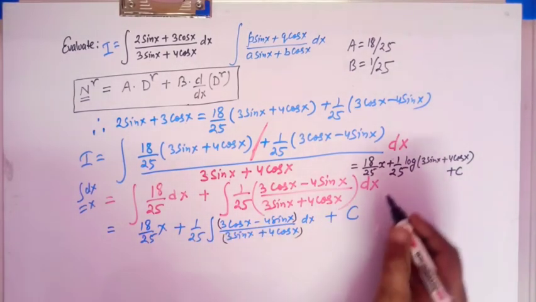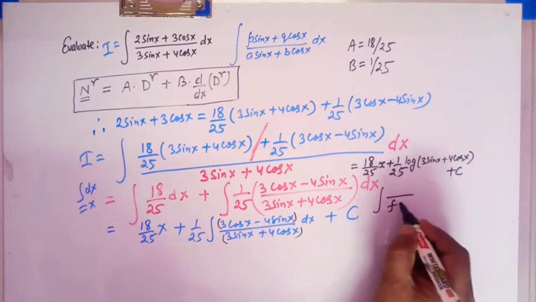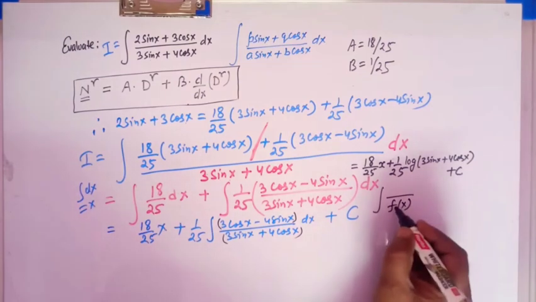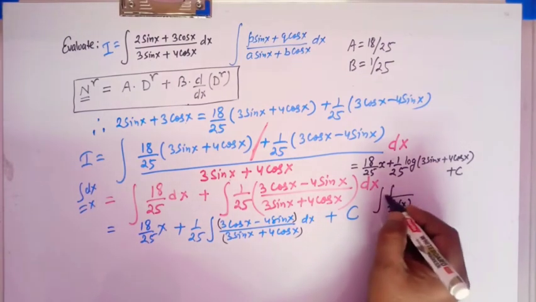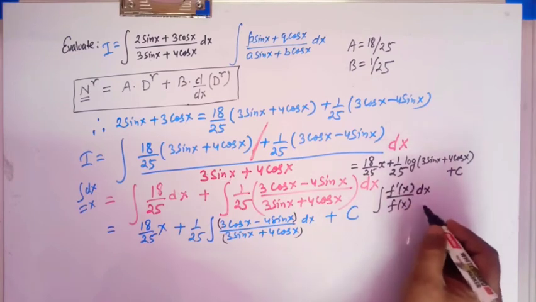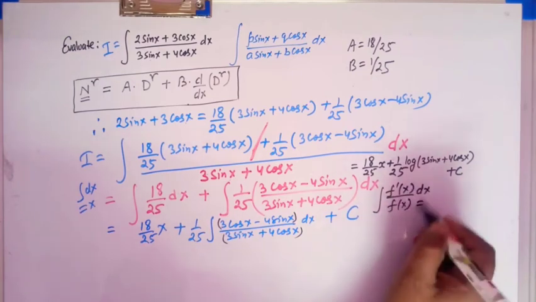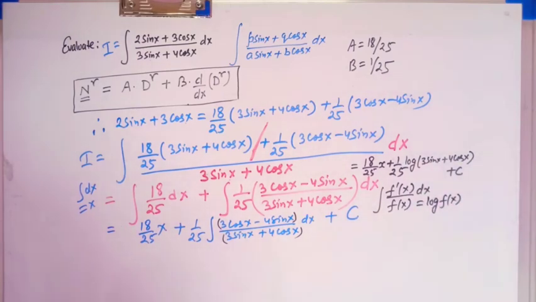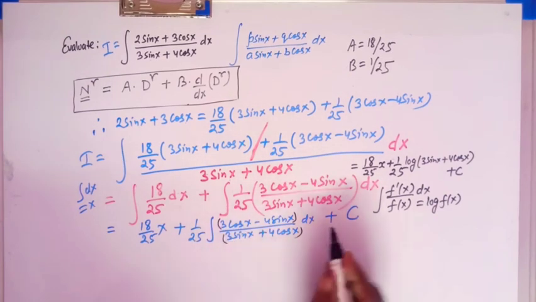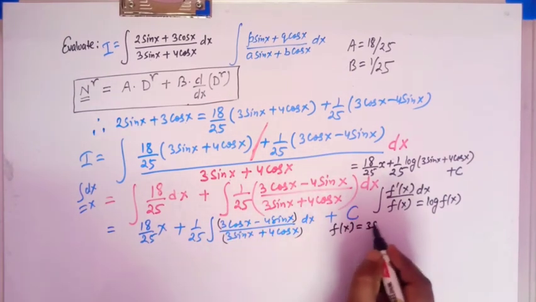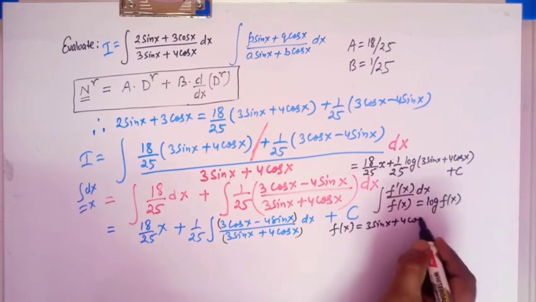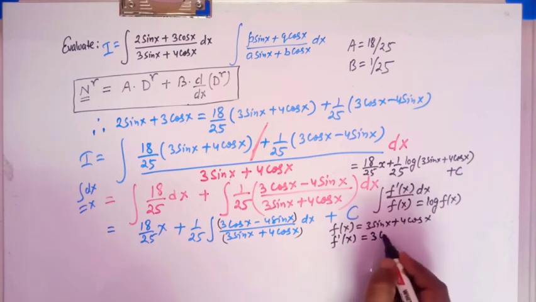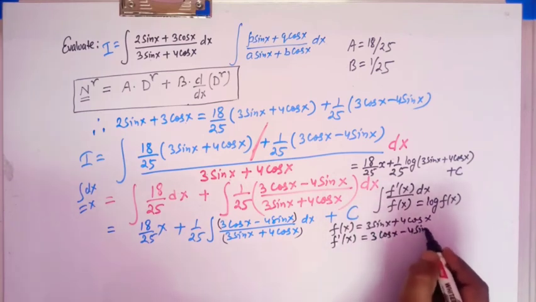Here we have used the fact that if f(x) is in the denominator and the derivative of f(x) exists in the numerator, then the integral of the whole function is log of f(x). Here f(x) is 3 sin x plus 4 cos x, and the derivative of f(x) is 3 cos x minus 4 sin x.